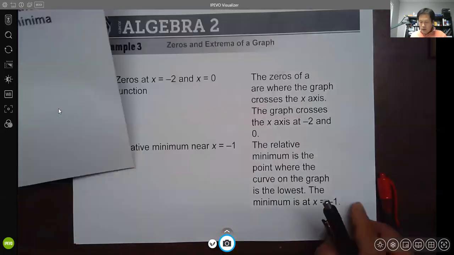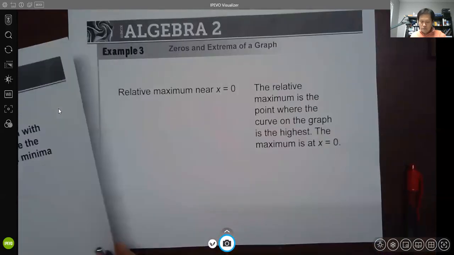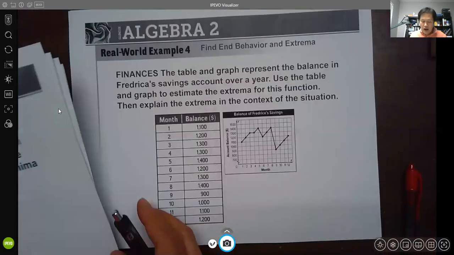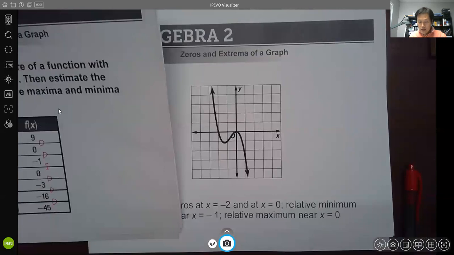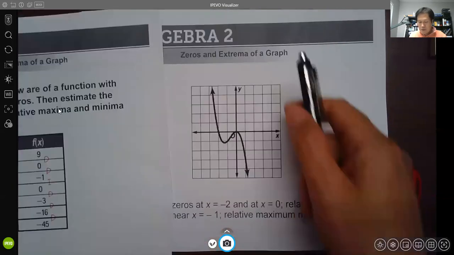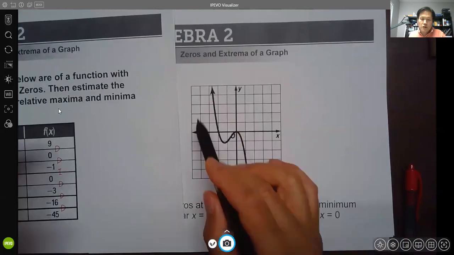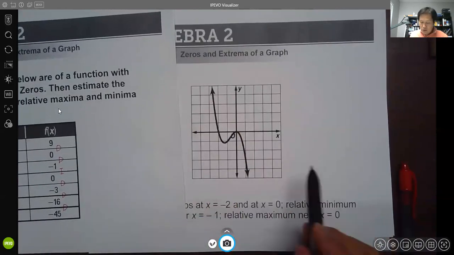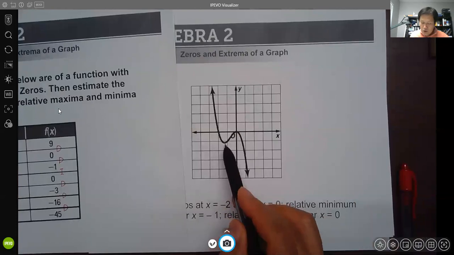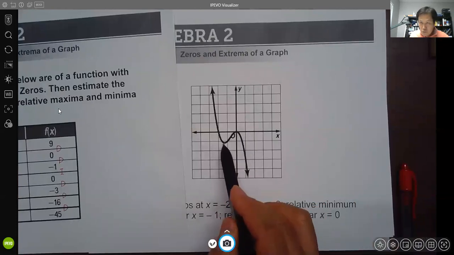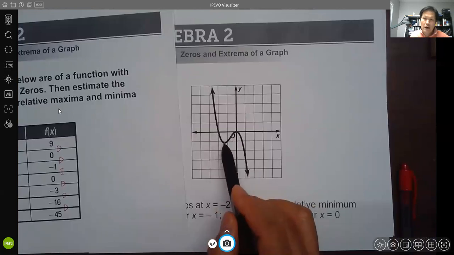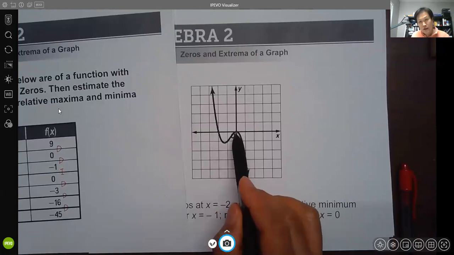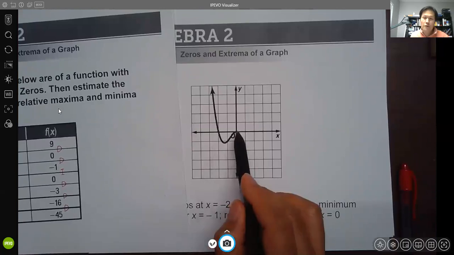It's easier if you plot them on a graph. If you plot those points on a piece of paper, it looks somewhat like this. Decreasing, and all of a sudden increasing. When it turns from decreasing to increasing, that's when you have a minimum. When it turns from increasing to decreasing, that's when you have a maximum.